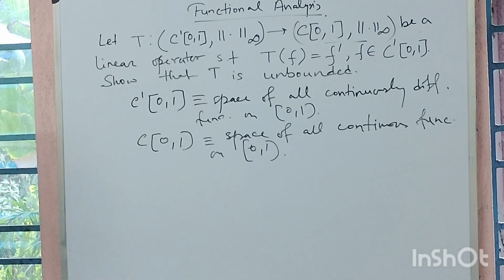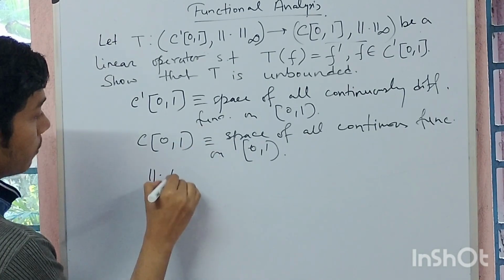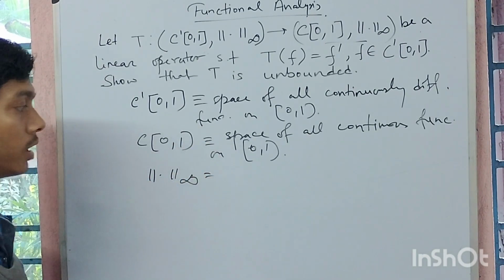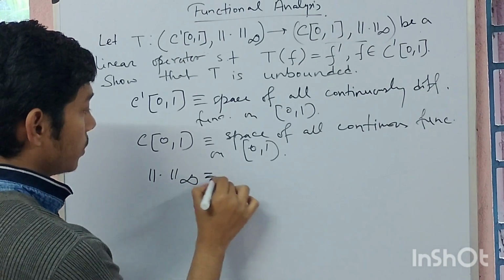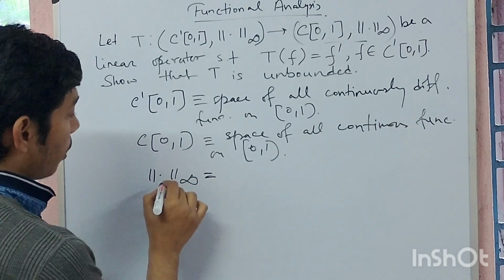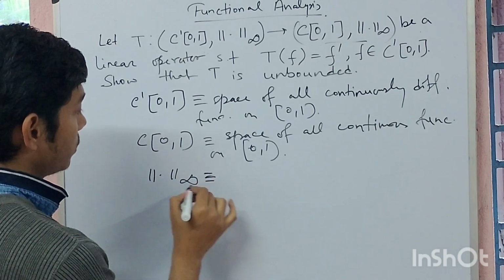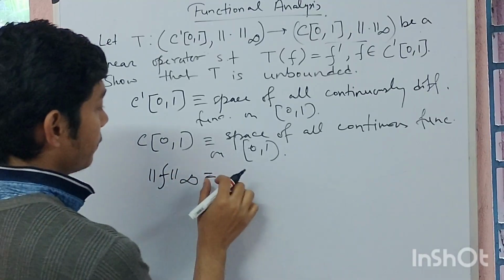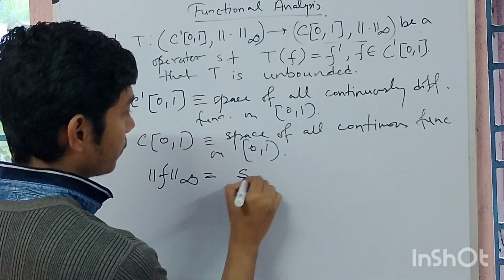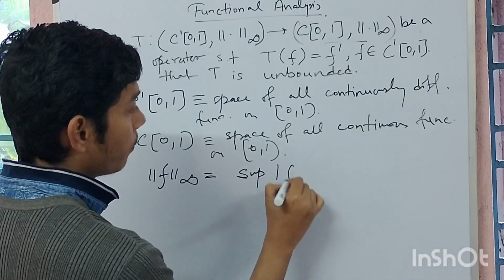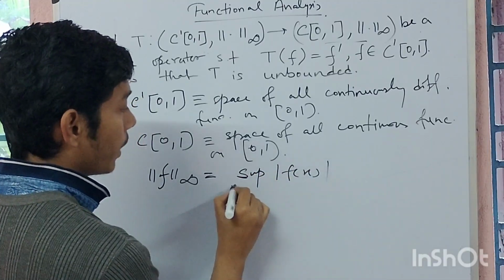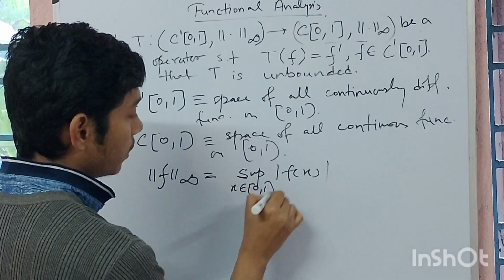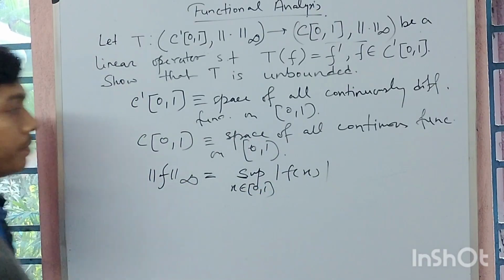Okay. What is the sup norm? The sup norm is defined as follows: the sup norm of f is the supremum of the modulus of f(x), where x belongs to [0,1].